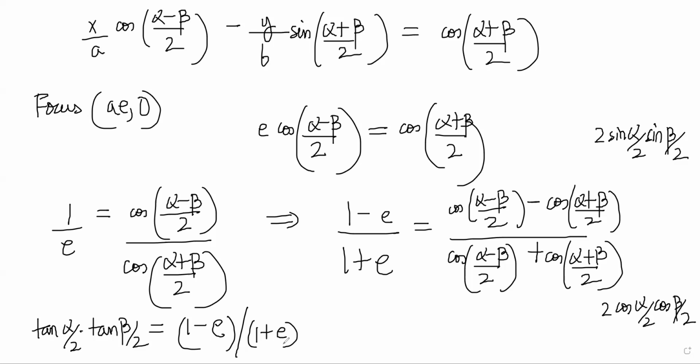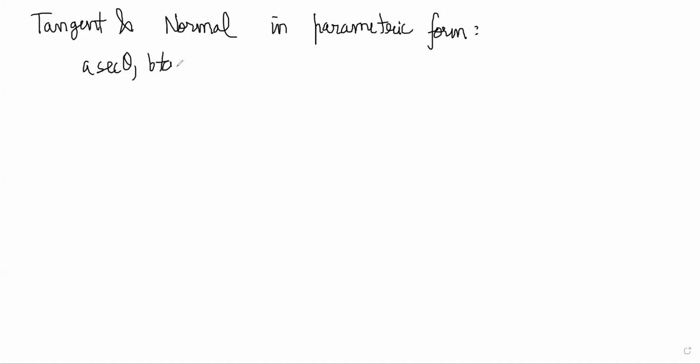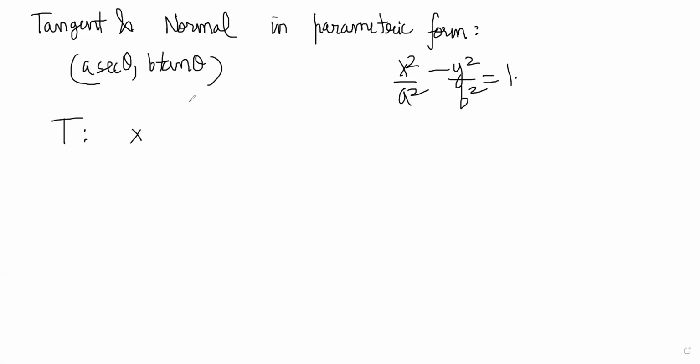Now we will do the tangent and normal equation in terms of the parameter theta. So, tangent and normal in parametric form. Since our parametric point is (a sec theta, b tan theta) and the equation of the curve is x squared by a squared minus y squared by b squared equals 1, the tangent equation will become x sec theta by a minus y tan theta by b equals 1.